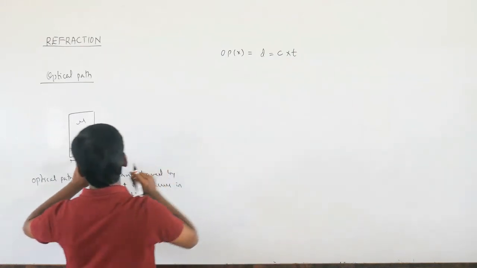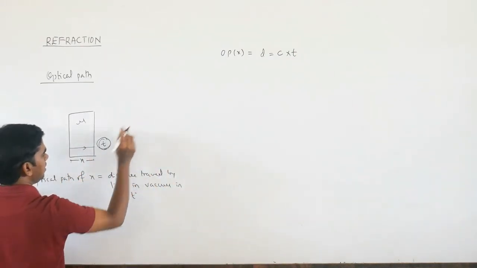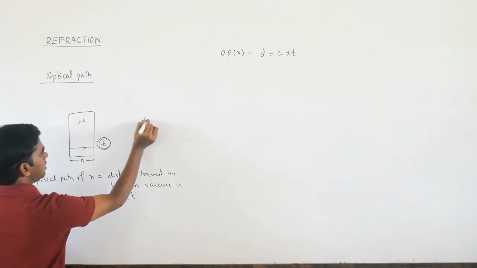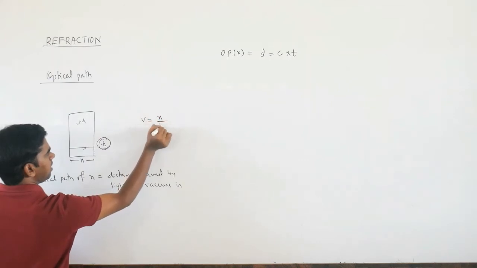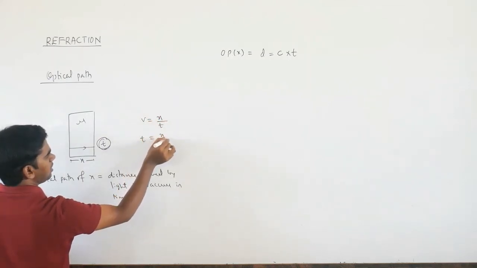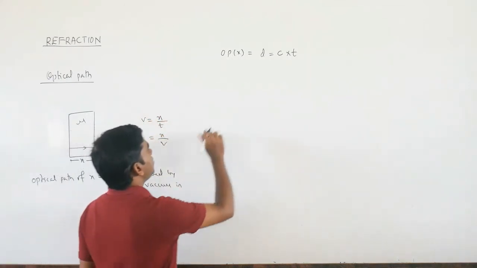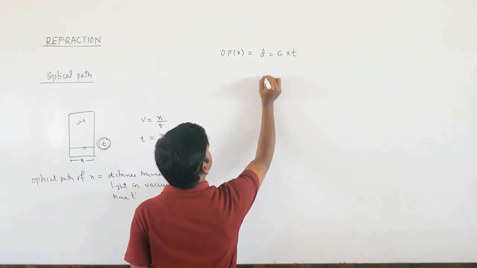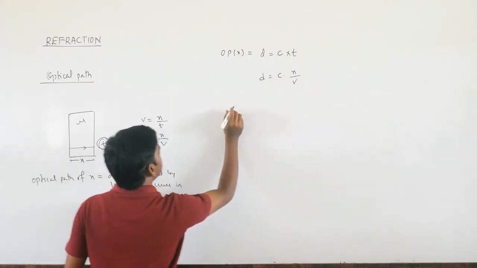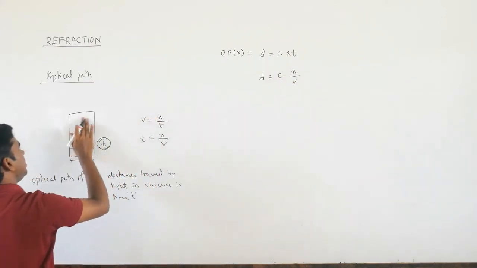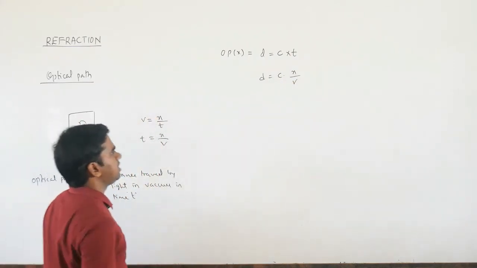Velocity is distance divided by time, distance is x, so time equals x by v. So the optical path equals c into x by v. If its refractive index is n, instead of mu I will take it as n.